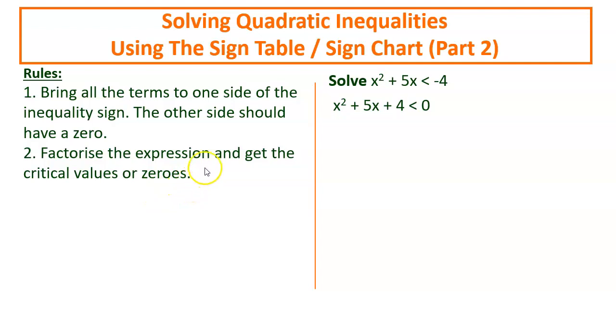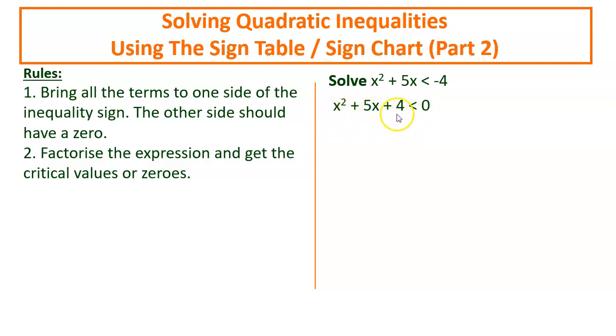Strictly speaking, we should be using the term critical values. What we are doing is assuming that there is an equality sign here, and we will be equating this expression to 0.